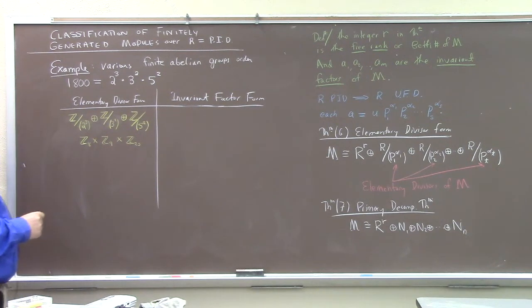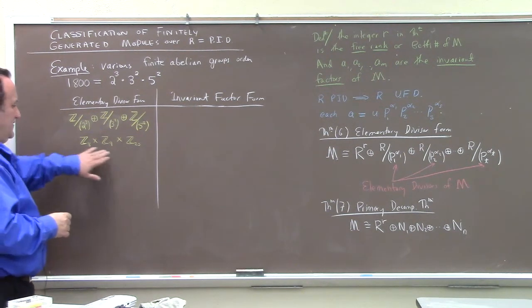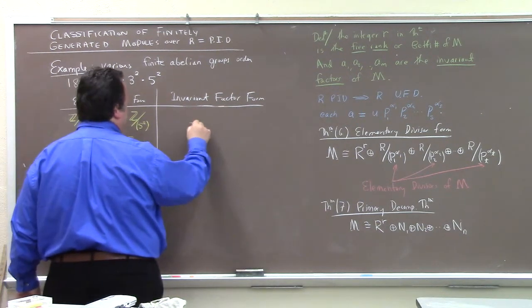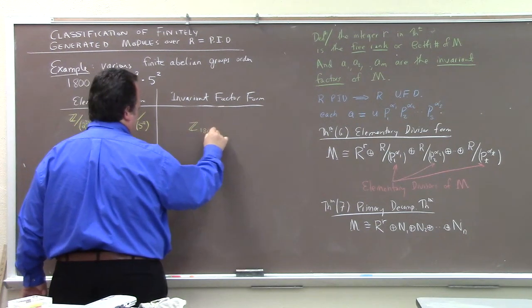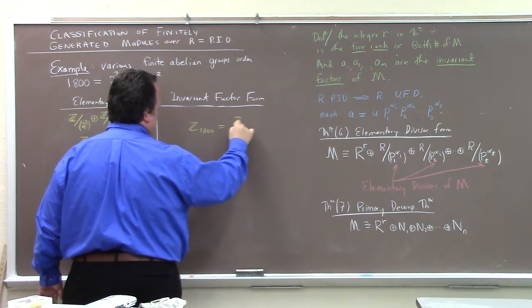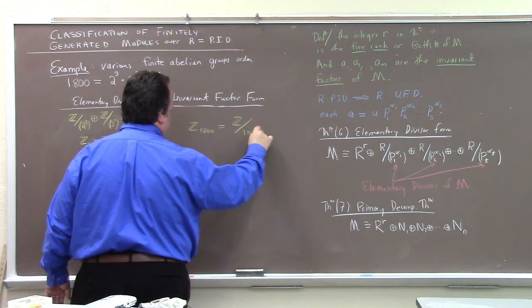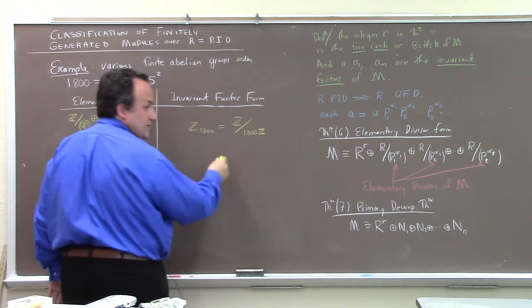That's the elementary divisor form. There's no divisibility between these. And then the invariant factor form here is kind of silly. It's just this: Z mod 1800, you could write it as 1800Z.